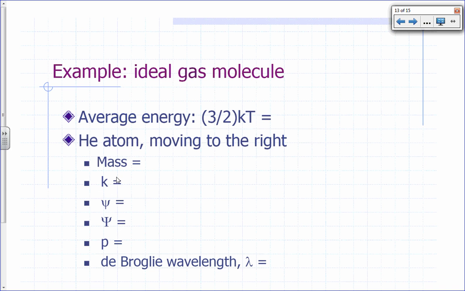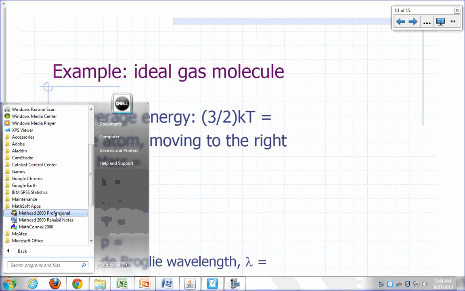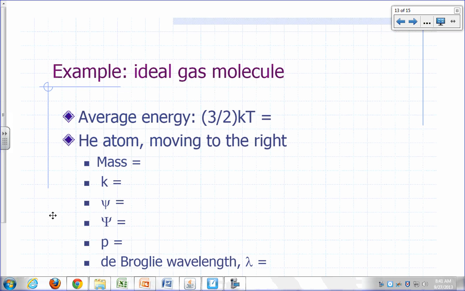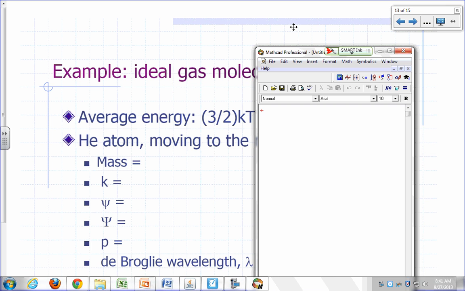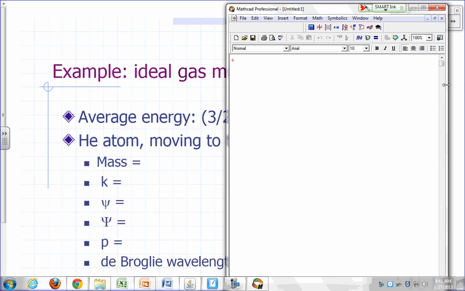Okay, so let's just do this one over, and we'll plot the psi for this one. Let's bring up MathCAD and zoom in on this.